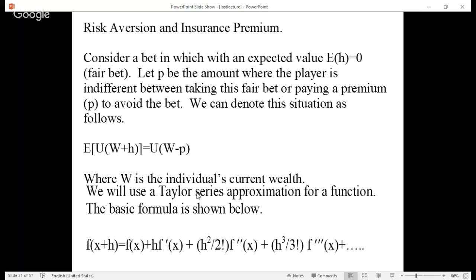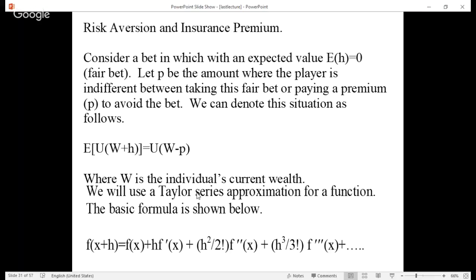So we're going to use a Taylor series approximation. If you haven't seen it, or you have way back when you took calculus, it's this: if you have a function of x and you add to it just a little bit, you can approximate the value of the new function as follows.